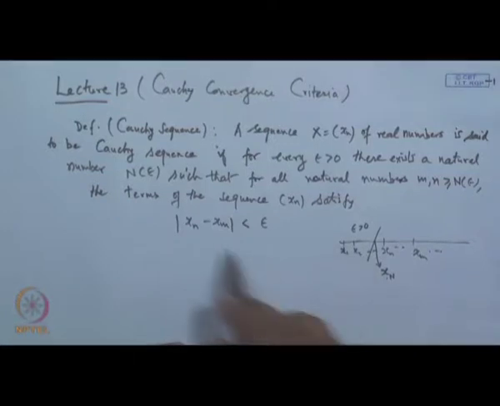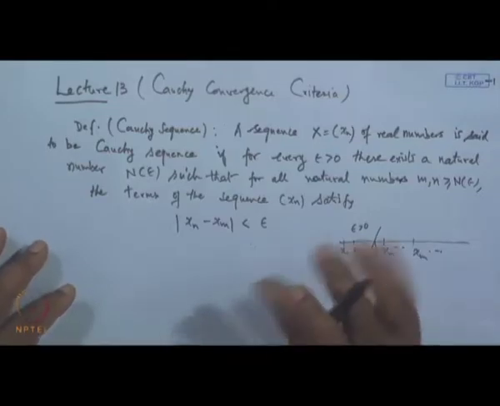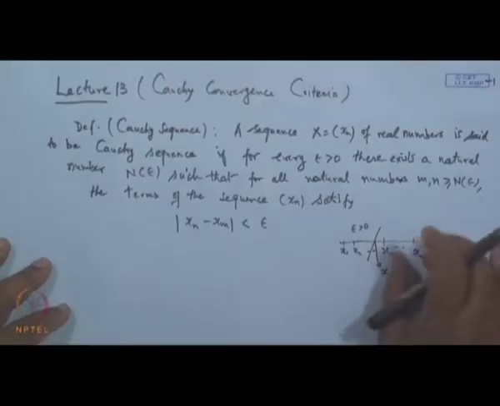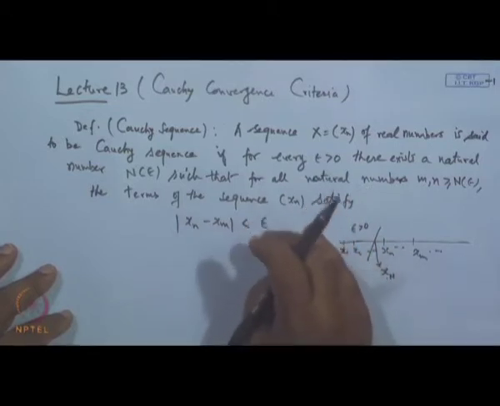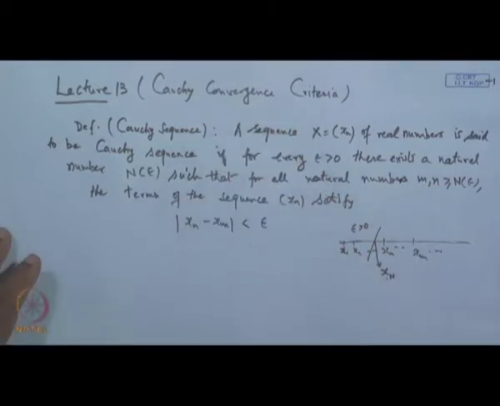The distance between x n and x m will remain less than epsilon. So, they are very close to each other. The distance between any two arbitrary points after a certain stage capital N onward is very small, less than the given number epsilon. If this happens, then we say the sequence is a Cauchy sequence.